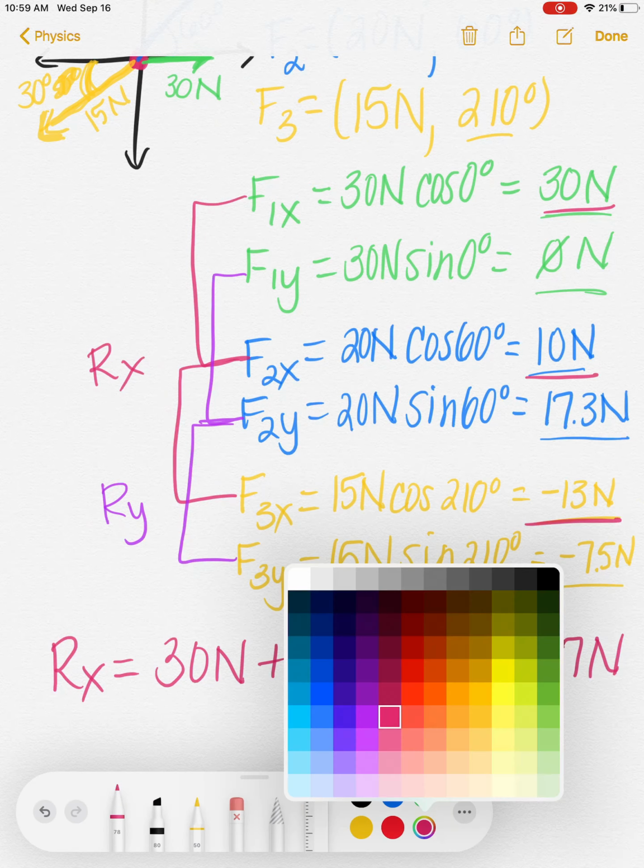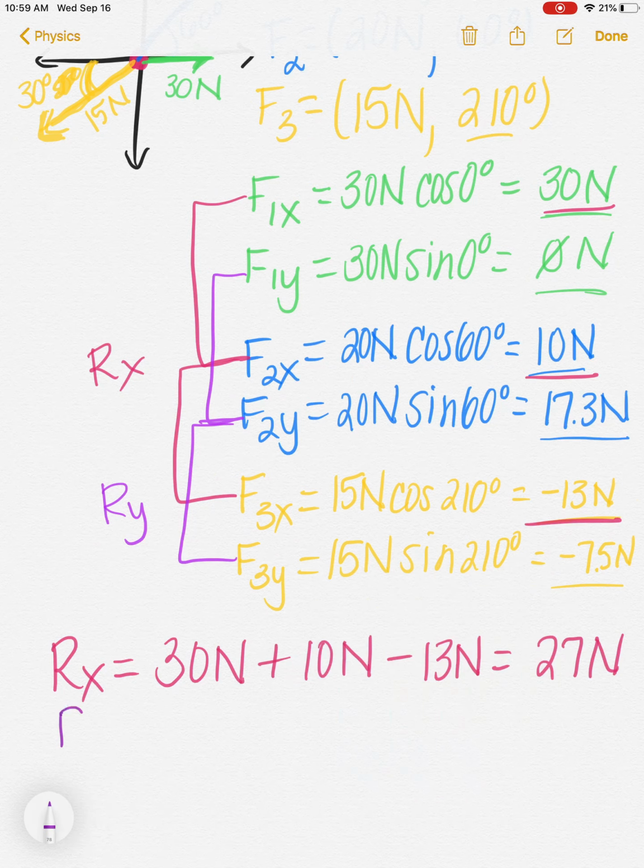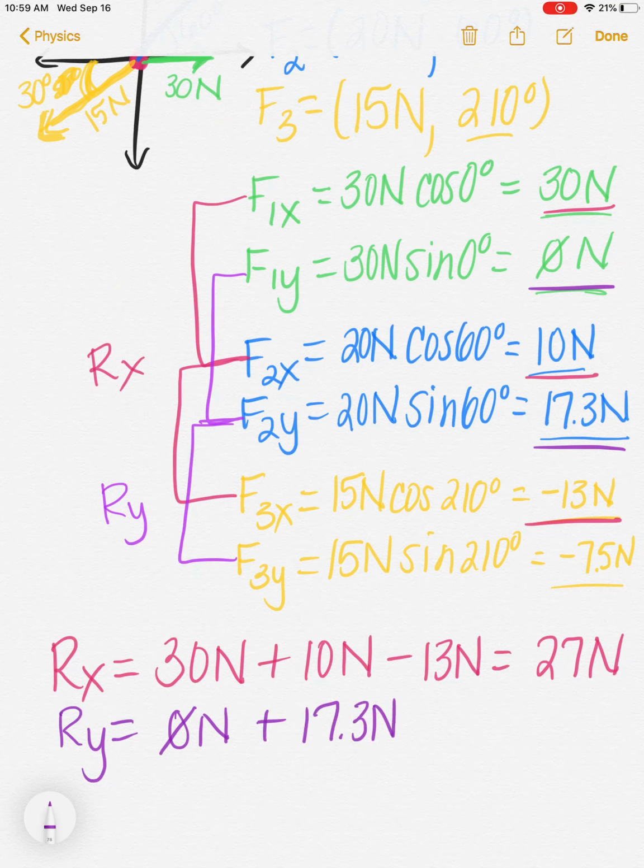Now I must find the resultant y component. So resultant y, I'm going to take the y component of the first vector, which is 0, the y component of the second vector, which is 17.3, and then the last y component, which is negative 7.5.